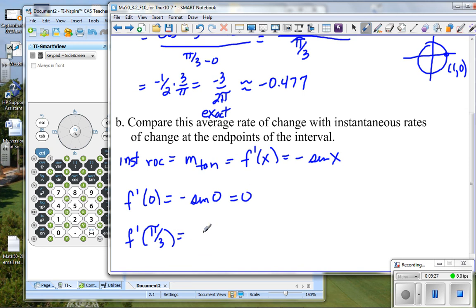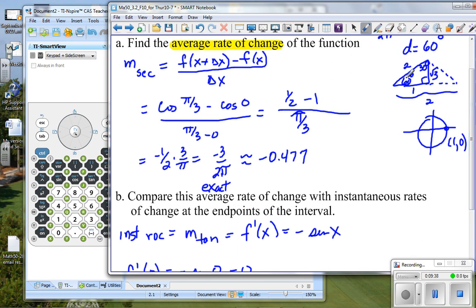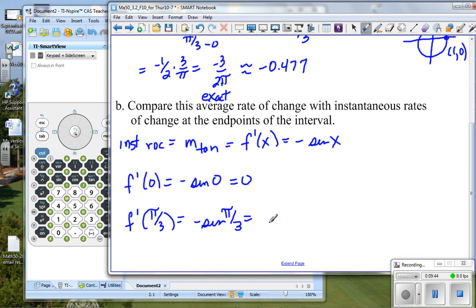The derivative at pi divided by 3 would be the opposite of the sine of pi divided by 3. And if we go back to our triangle here, the sine is the opposite divided by hypotenuse, so that would be the opposite of the square root of 3 divided by 2. Again, let's find an approximate value for that, and it turns out to be negative 0.866. Now, what is our comparison with these?